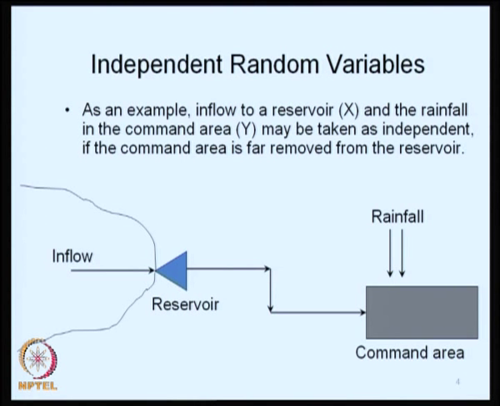For example, we will take the example where we are talking about inflow to a reservoir, and there is a command area where rainfall is occurring, and you are interested in the two random variables, inflow and the rainfall in the command area.